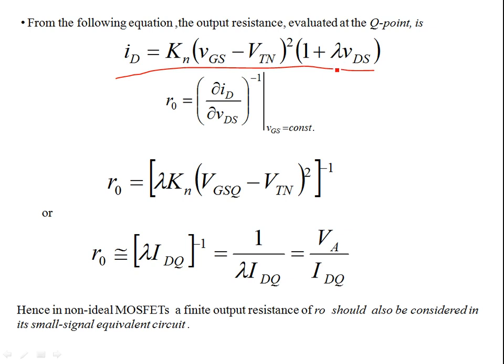Once ID is 0, well, VGS is not 0 and VTN is not 0. Similarly, Kn is not 0. So this factor has to be 0. This implies that VDS is 1 by lambda. But this is for the actual case.